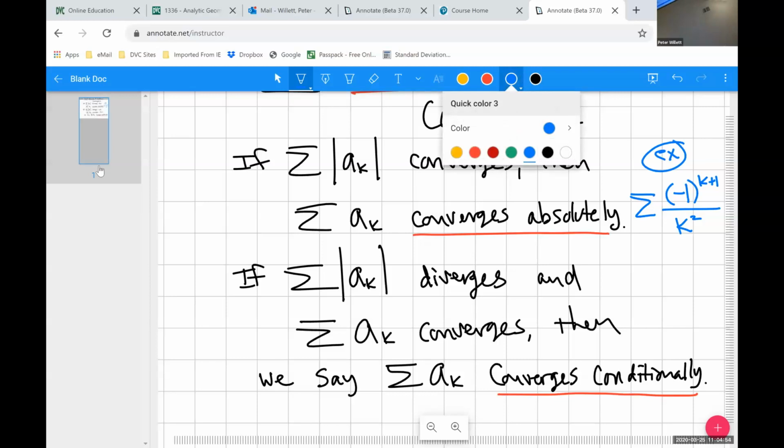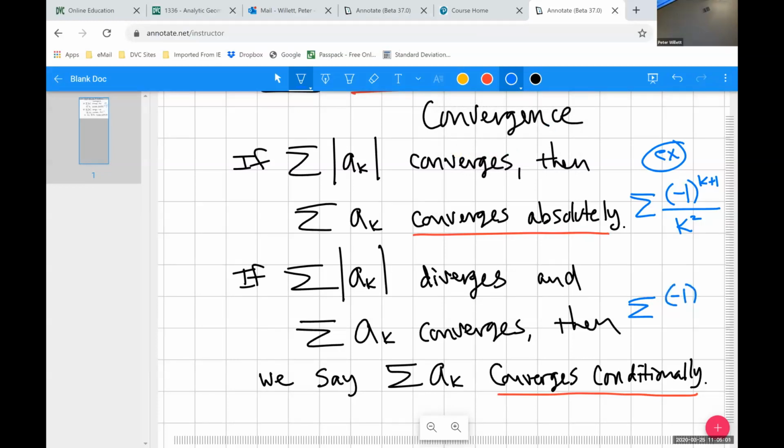And so our perfect example of that is the alternating harmonic series. That would be if I made it alternate with the k plus 1 on it, but I just put it over k. Well, here, if I put absolute value on and made the -1s go away, I would get the harmonic series, which we know diverges.